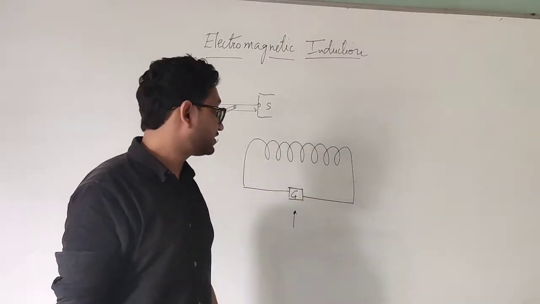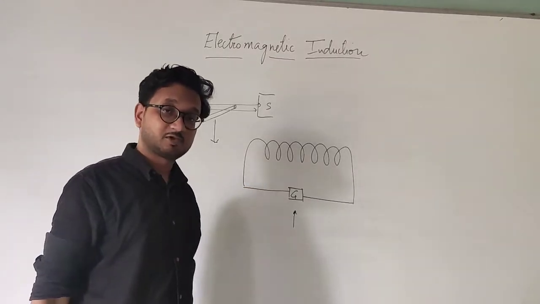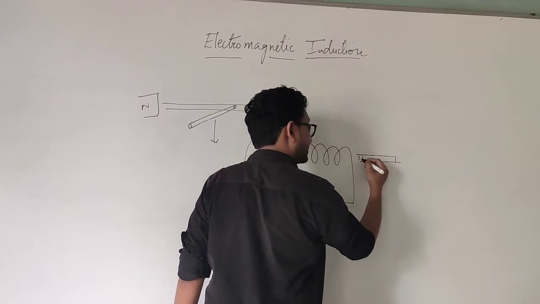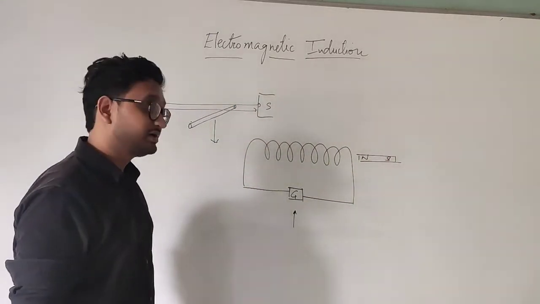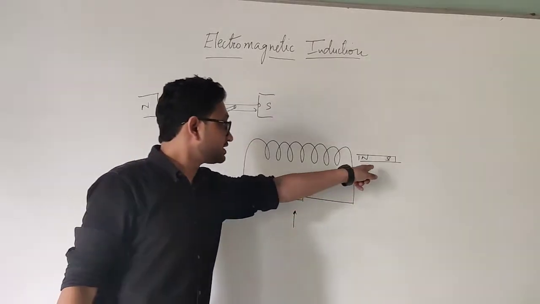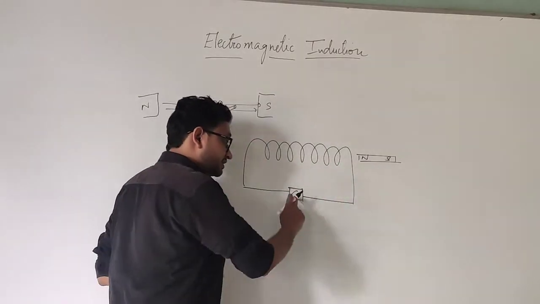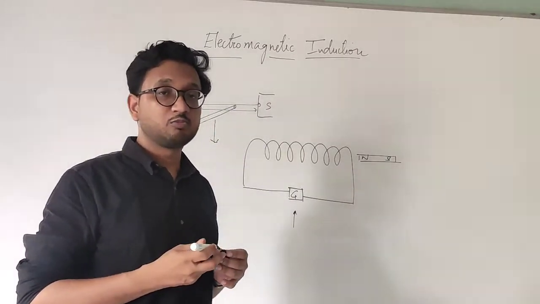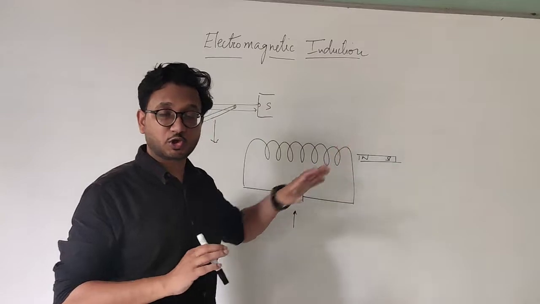So what Michael Faraday did was, he took this coil and he took a bar magnet, and he passed this bar magnet through the coil. As soon as he moved the magnet, the galvanometer started showing deflection. So the needle was moving. Then he stopped.